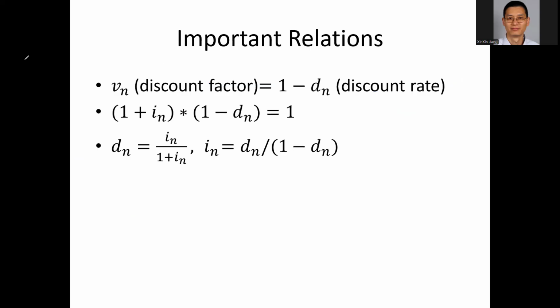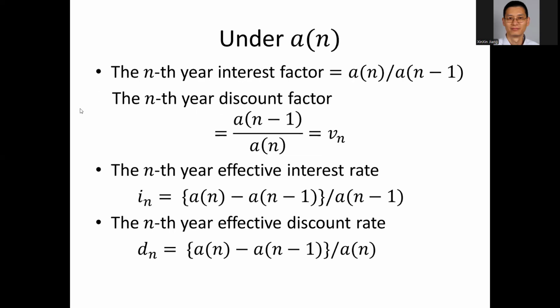Maybe I should say a little bit more here. We have interest rate I sub n. So the interest factor is actually 1 plus I sub n.